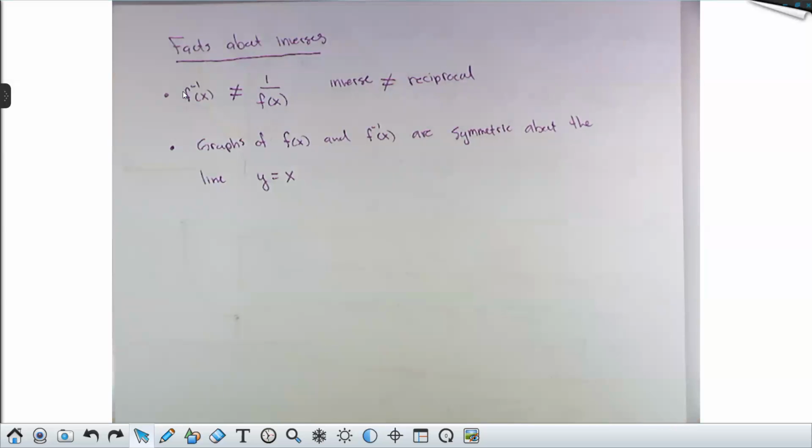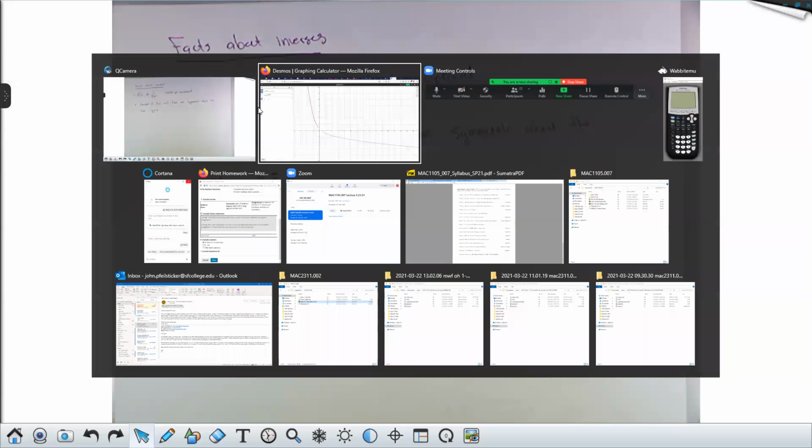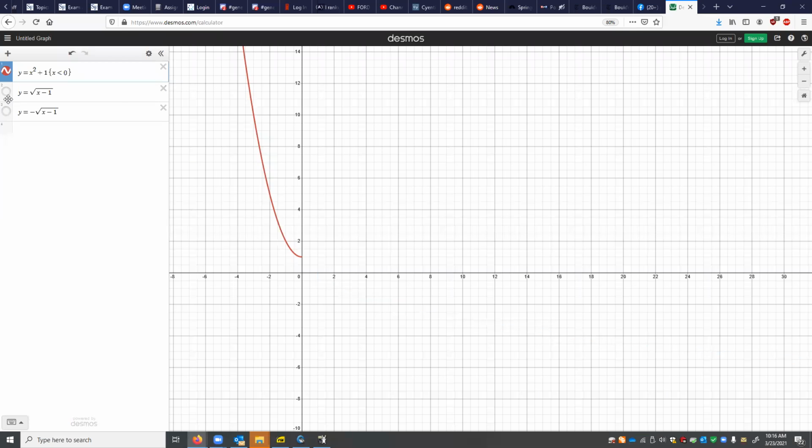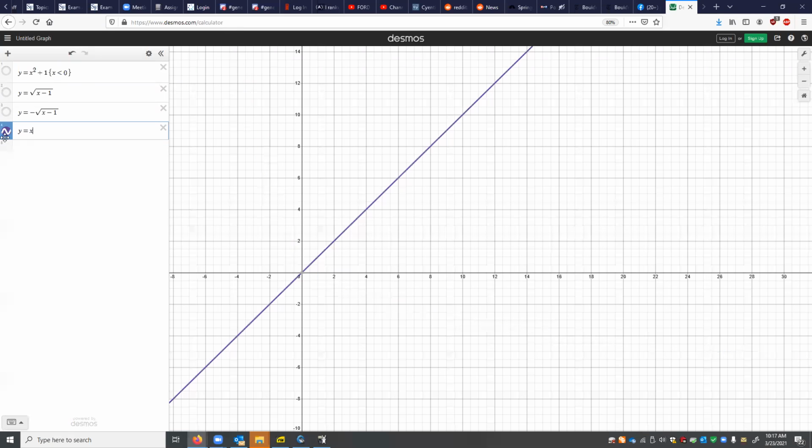So let me return to the example we were just looking at. I'm going to turn all this stuff off for just a second, and I'm going to add in the line y equals x. Put it here in green and dashed, so you know it's just for reference.